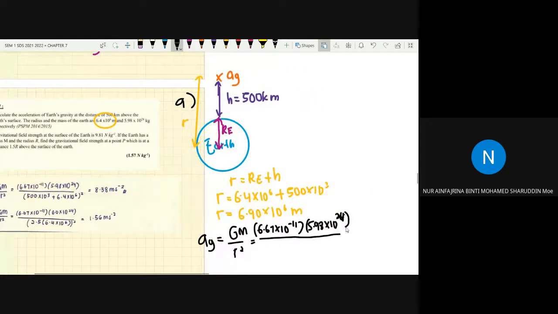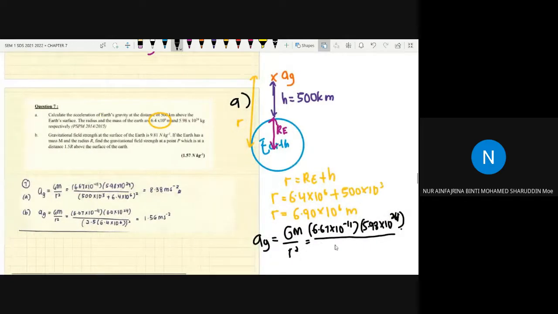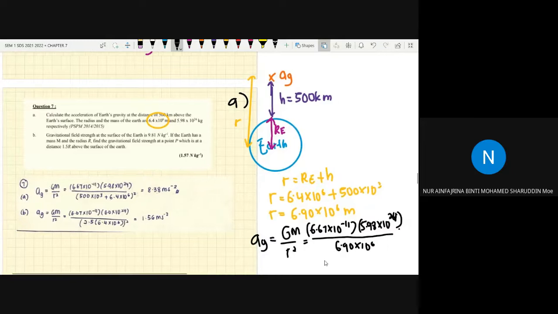Okay, distance squared. So distance squared awak adalah 6.9 times 10 to the power of 6 meter. So awak akan dapatlah your AG, supposedly awak dapat 8.38 meter per second squared.